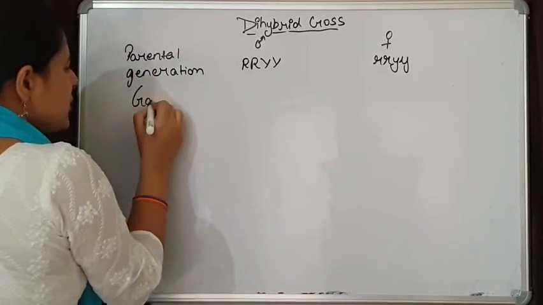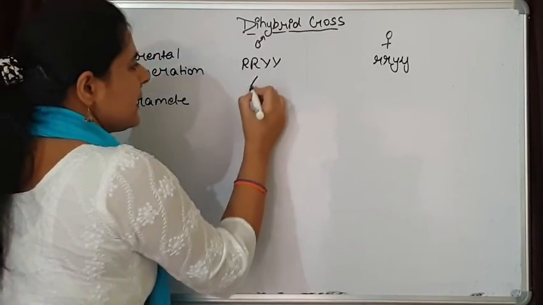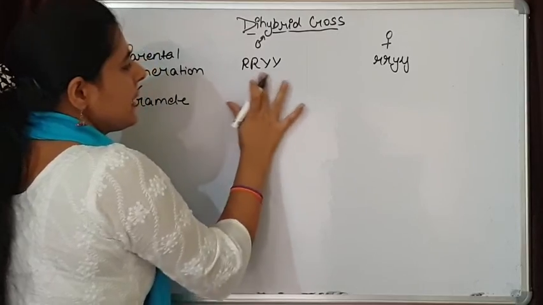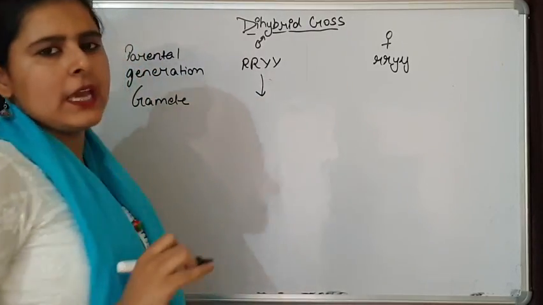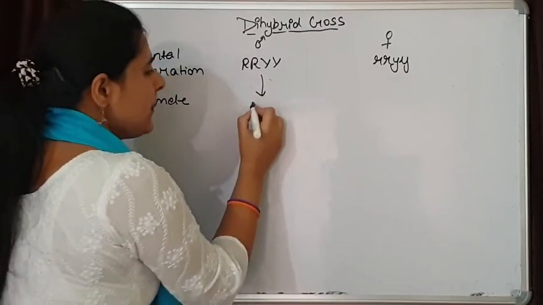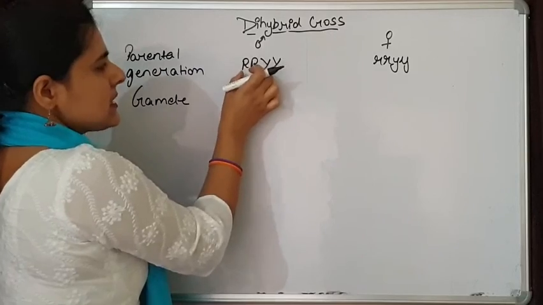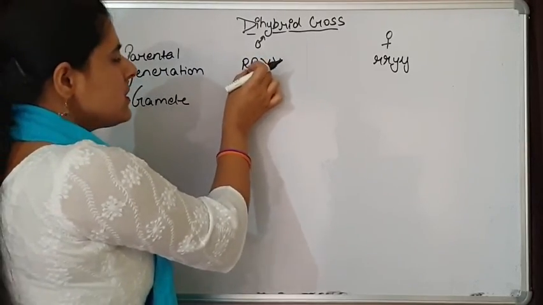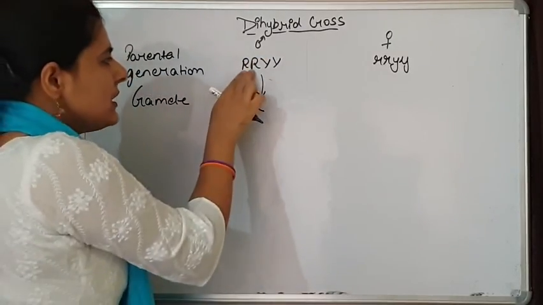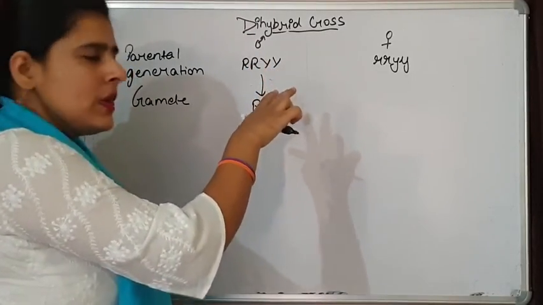Now gamete formation will take place. I am showing only one single type of gamete because all the gametes formed will be the same. One allele is coming from this pair, because we know in law of segregation both these two are going to separate. In the same way both these two are also going to separate.